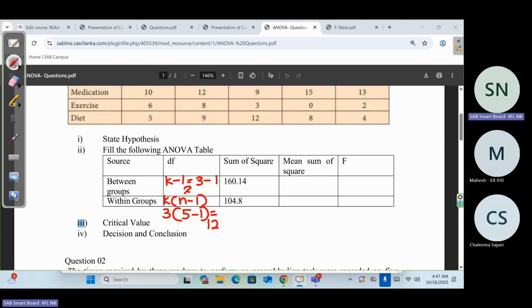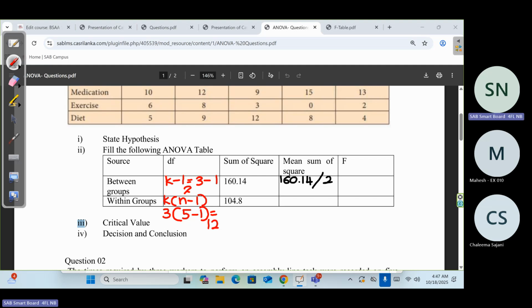Understood? Then mean sum of square. How do we get the mean sum of square? Sum of square divided by degree of freedom. Then here, sum of square 160.14. You need to divide this value by 2, because the degree of freedom is 2.